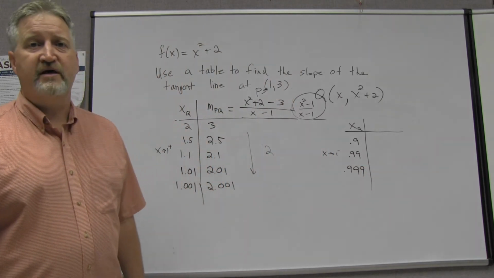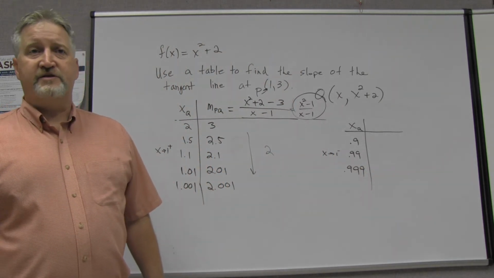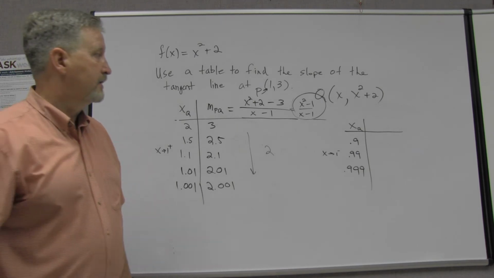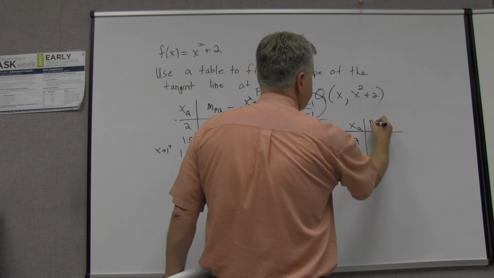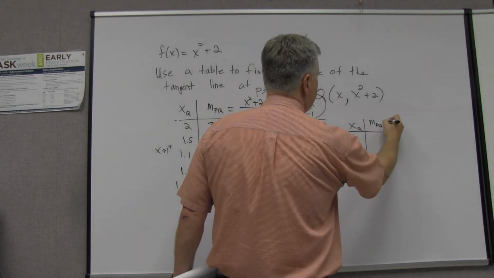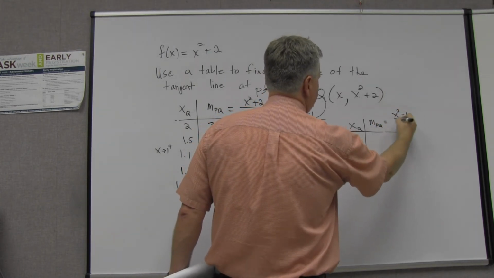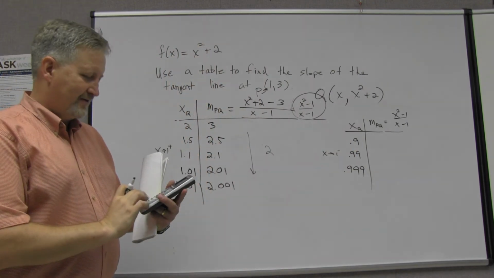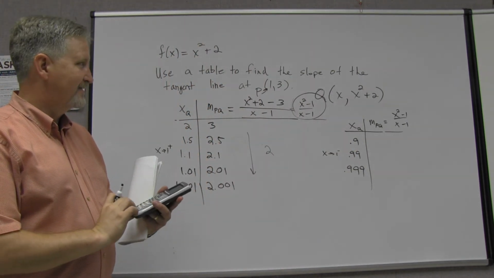Those would be the x values to look at on the other side of 1, getting closer and closer to 1. Since we already know the MPQ is x squared minus 1 over x minus 1, those wouldn't be that hard to plug in, but let the calculator do the work, and that's even easier.